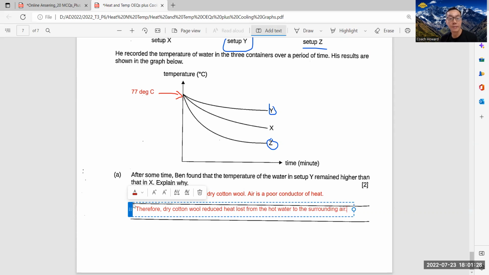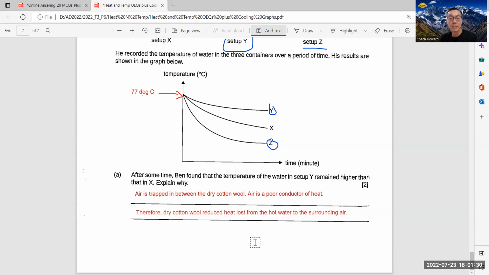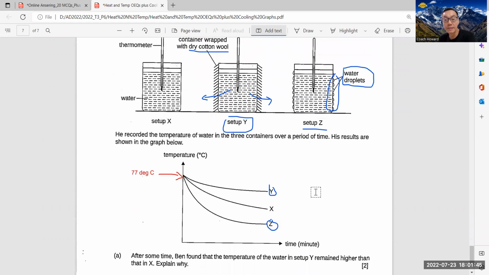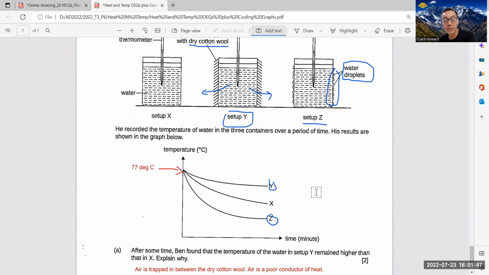Air is trapped in between the cotton wool. Air is a poor conductor of heat. Therefore, the dry cotton wool reduces heat loss from the hot water to the surrounding air. So that answers the question.